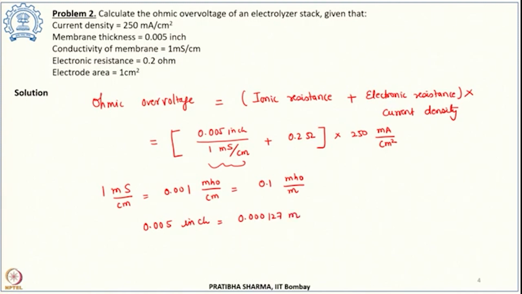Now when we substitute that, we can get the ionic resistance as 0.000127 ohm.